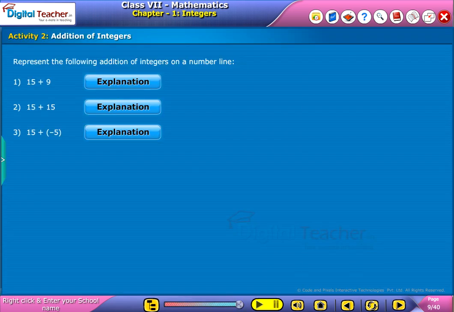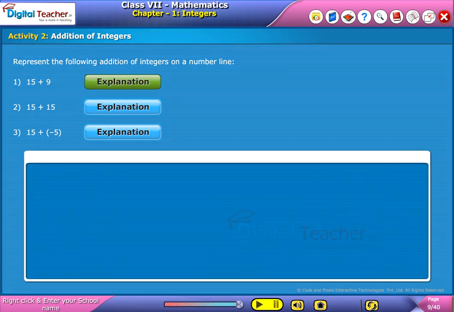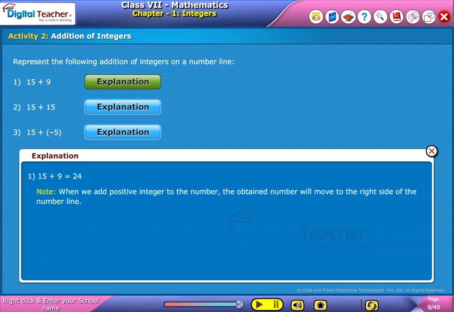Let us do an activity to represent the addition of integers on a number line. Note: when we add positive integer to the number, the obtained number will move to the right side of the number line.